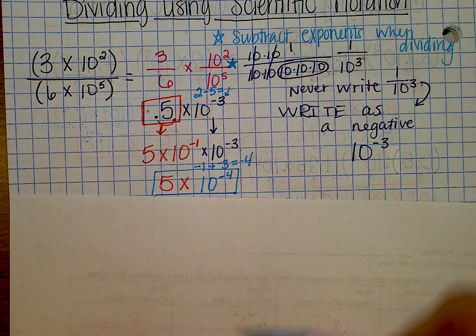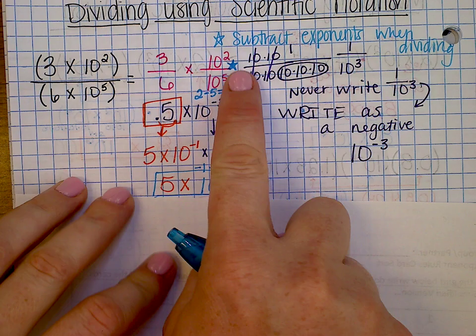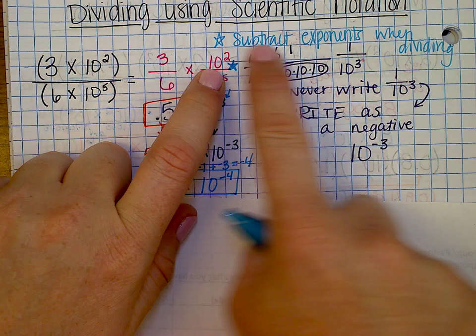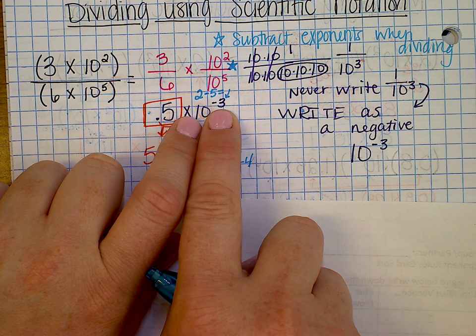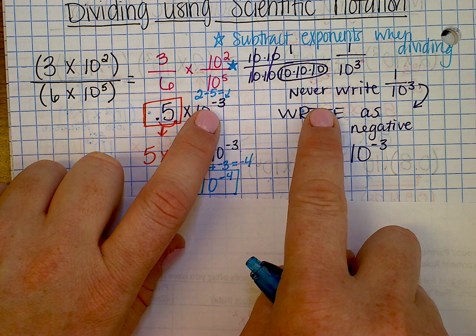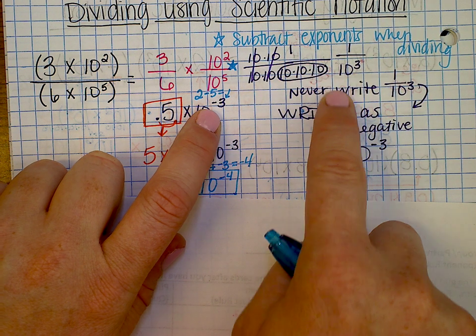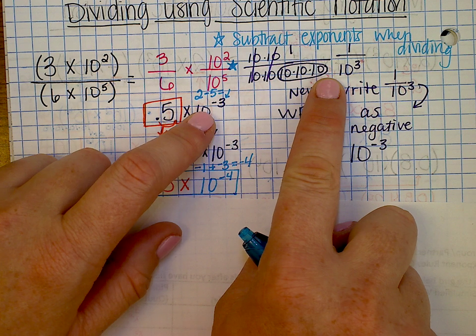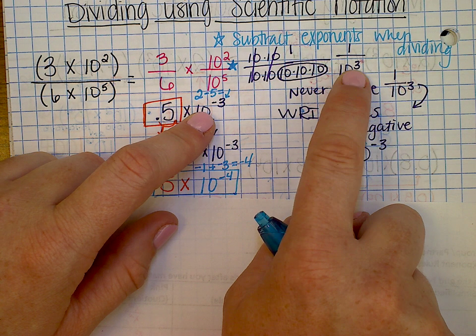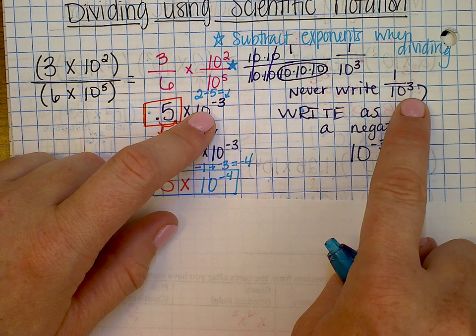Okay, so just remember there was a lot going on in this one. First thing we needed to do was subtract. 2 minus 5 gave us negative 3. Or if you look at this over here, if you were simplifying by expanding, you would have to remember the 10 cubed could not be written in a fraction.